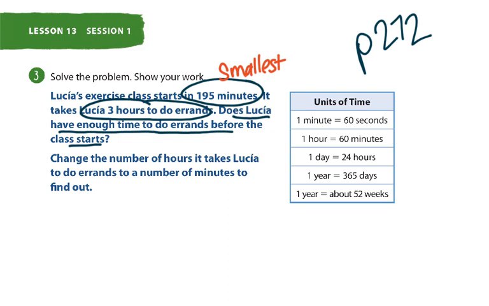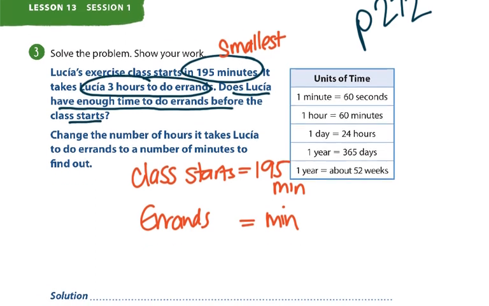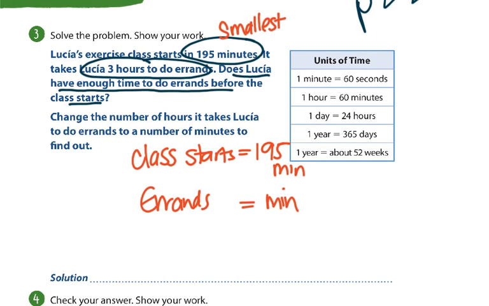So I have the class starts in 195 minutes. And I need to get errands to minutes. Okay? All right, I have to look over here at the conversion.